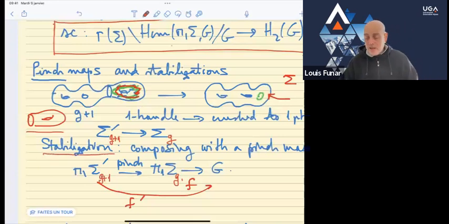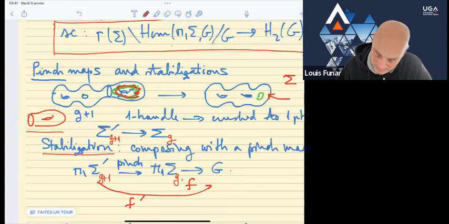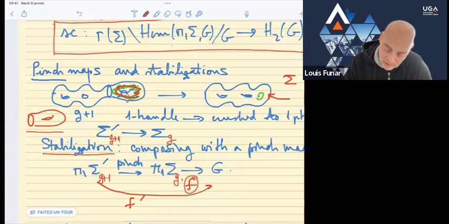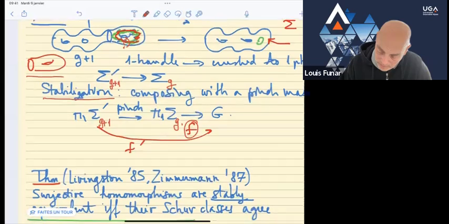The stabilization corresponds to going to a bigger surface, but not changing anything essential in the homomorphism. It's just that one part of the surface gets crushed, and the other one is just the homomorphism we started from. And so actually we get another homomorphism, which corresponds, if I take this curve out here lying in the one handle, to the curve being sent to one.